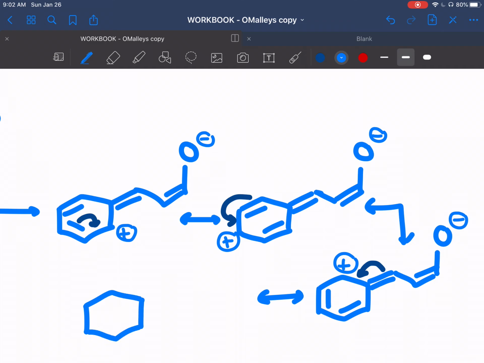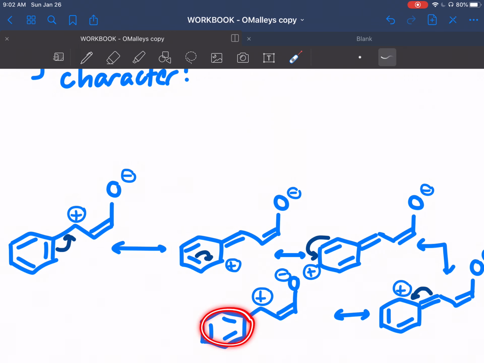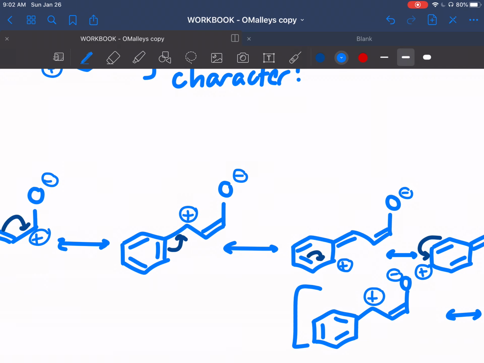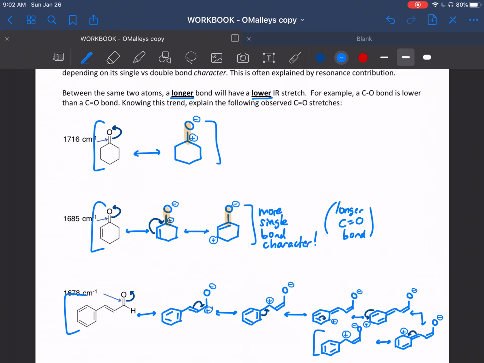This regenerates what looks like a benzene ring, gets that carbocation back to where it was a few contributors ago, but it technically still counts as a resonance contributor because it's ever so slightly different from the one that looks very similar. We've just shuffled pi bonds around in the six-membered ring, so it does count as another contributor. And then I'll put a pair of brackets around this entire set of contributors.